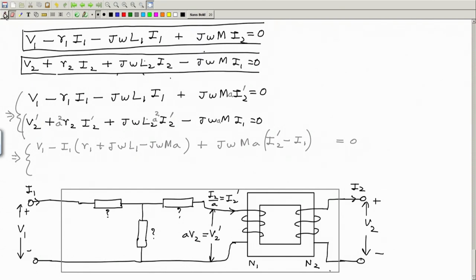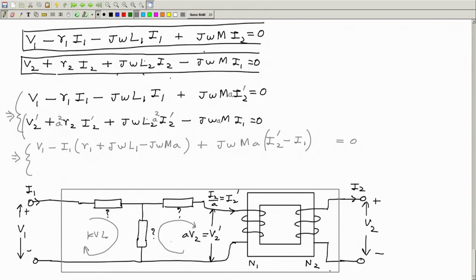One KVL in terms of this voltage and this current in this loop, in this mesh, another KVL here in this loop.